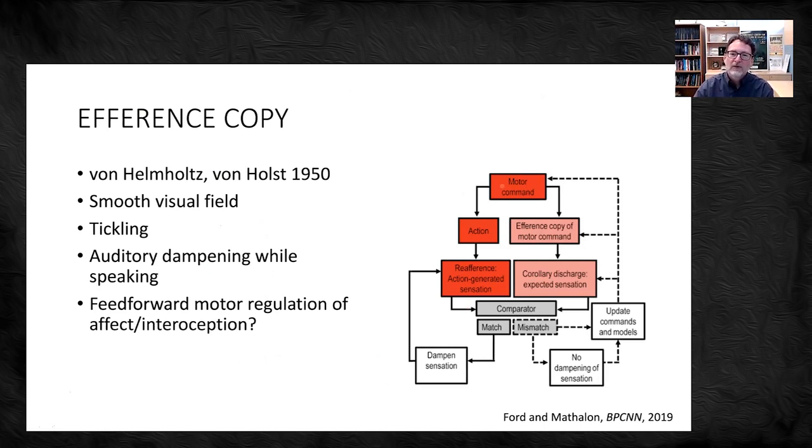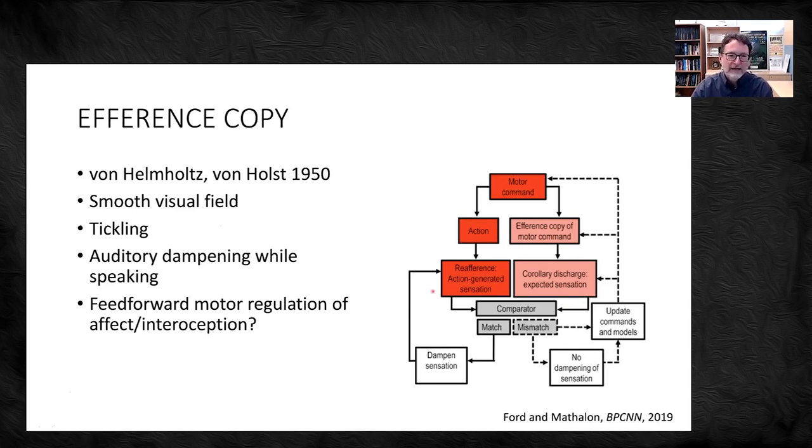But these motor commands also involve efference collaterals that go to widely divergent parts of the brain to convey that these motor events are happening. So the event is sequenced by premotor and motor portions of the brain, and it's also broadcasting to the rest of the brain that this is happening.